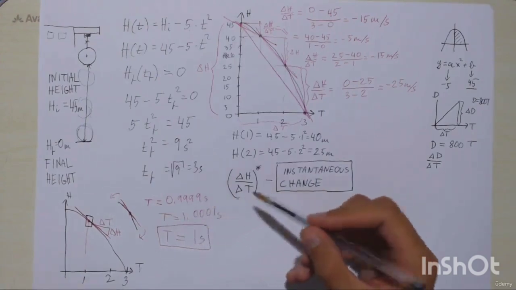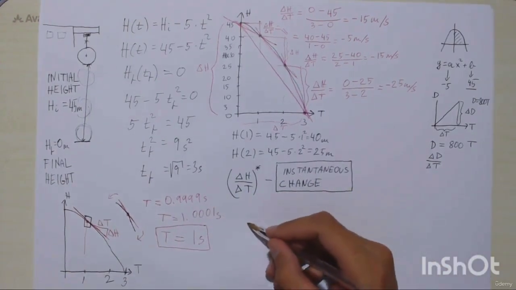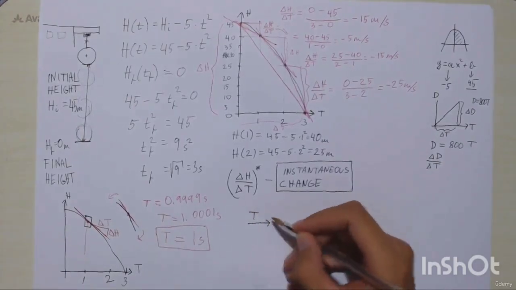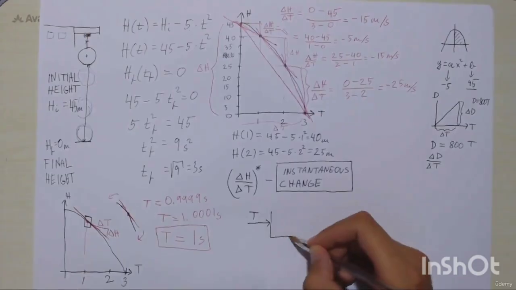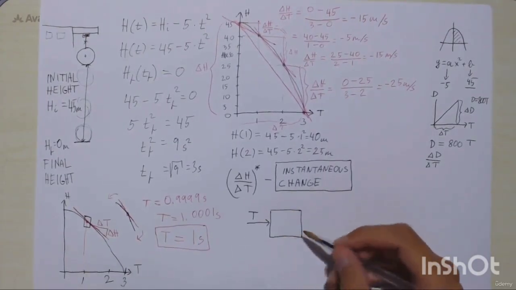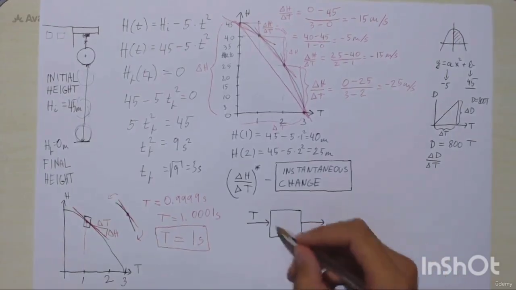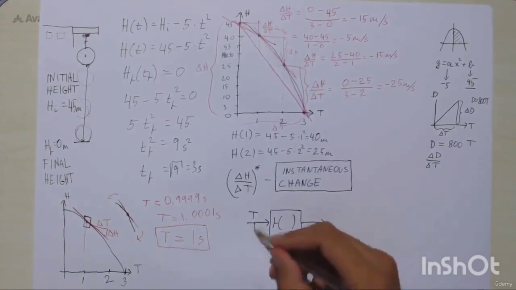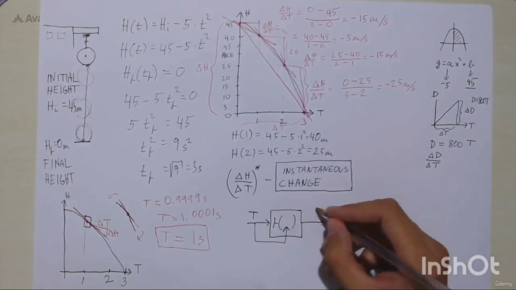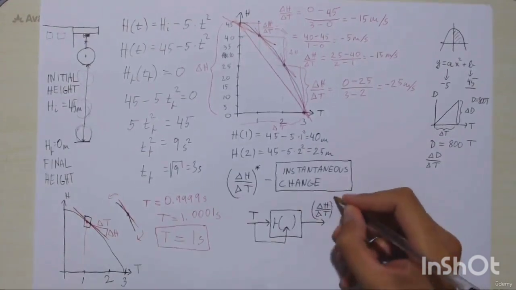So what is my goal here? My goal is very simple. What I want is I want time as an input, and then I want to have some kind of function that takes all the possible times that I have, and then I just put the time inside the function, and what I will get is that instantaneous change at that time.